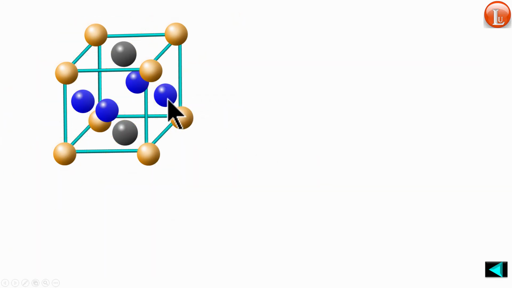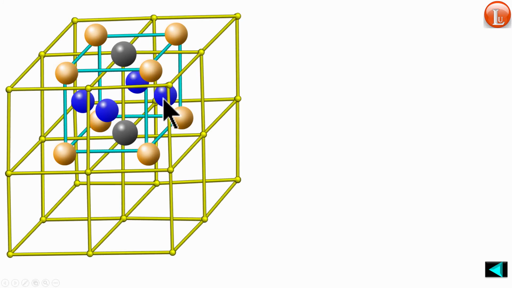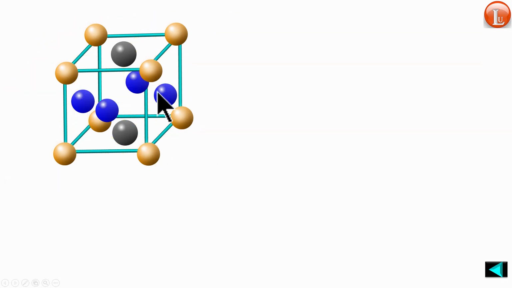Just look at this. These were face centered initially. This was the face centered of this face. Now it has become the face centered of this face. So some face centered have become corners, some face centered remain face centers, and some corners become face centers. So this is how this plays out.